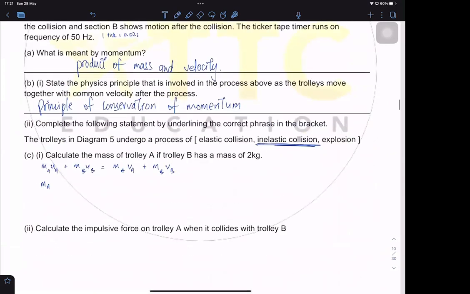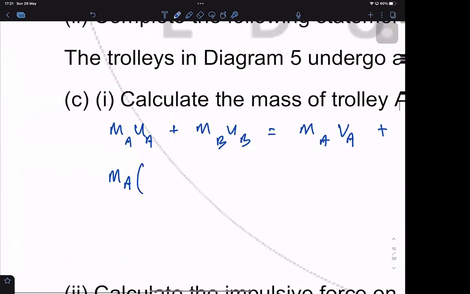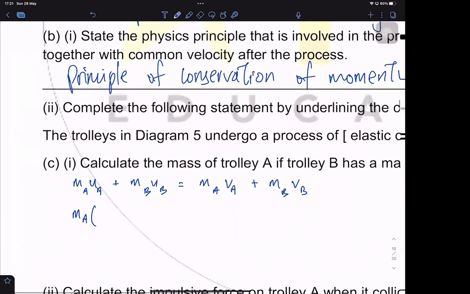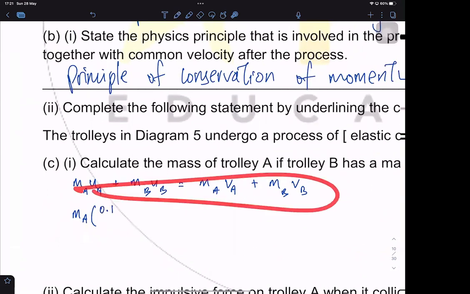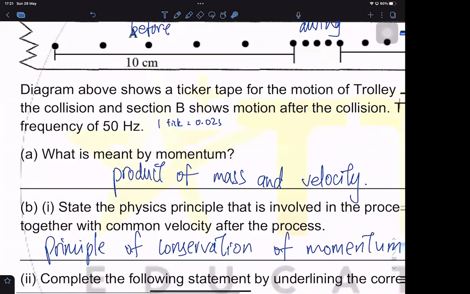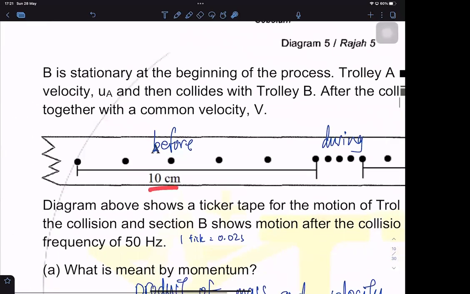The distance is 10 cm. I'm going to put it in meters per second, just in case, because when I calculate all these other things, usually I use meters per second. Technically, if you forgot to change, you should get the same answer also, but just in case, I'm going to change to meters. So 10 cm is 0.1 meter.